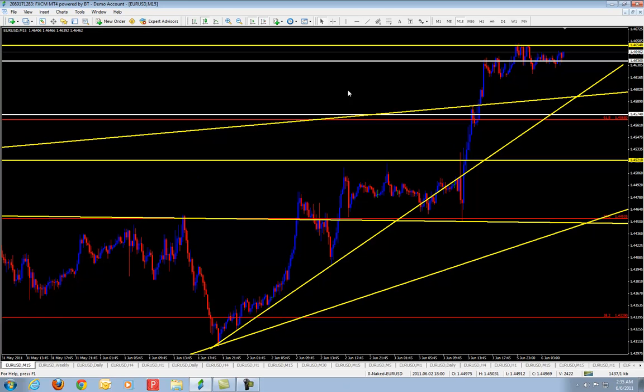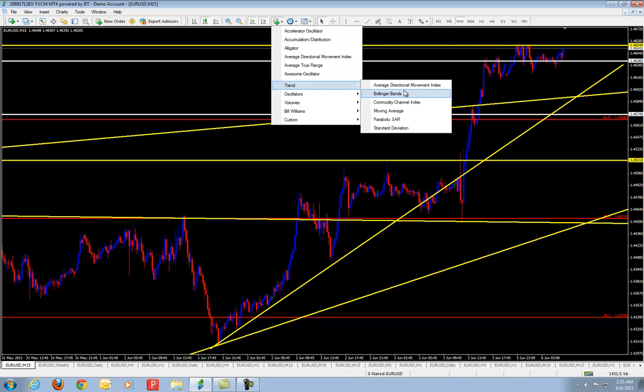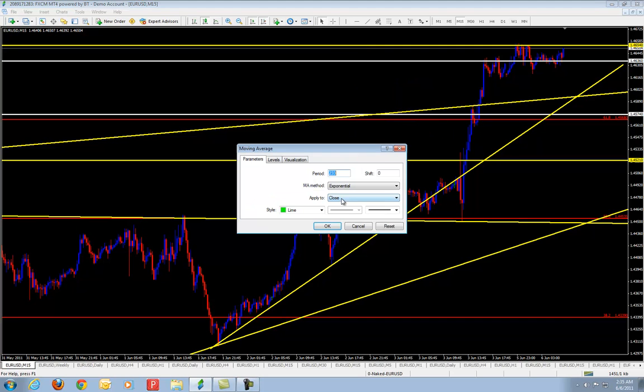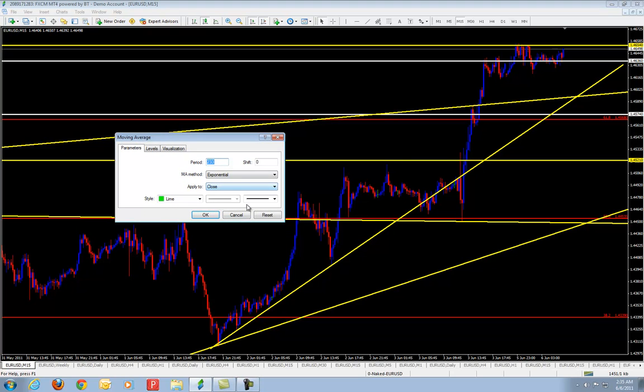Okay, now I'm going to add moving averages. All my moving averages are very easy because they're all exponential. So I'm going to go to moving averages, and the first one is going to be a 233, and I'm going to explain why it's a 233.